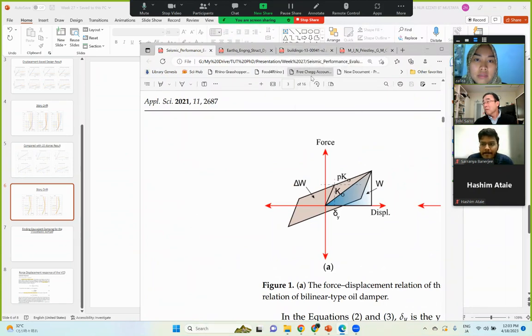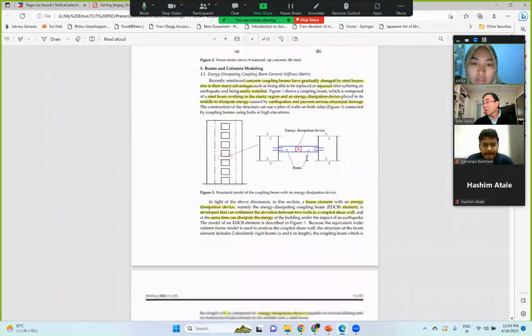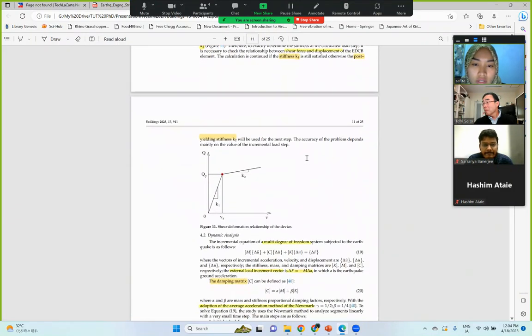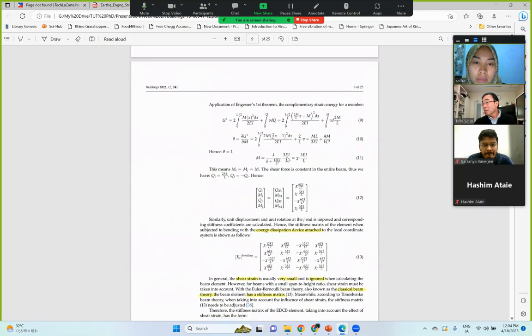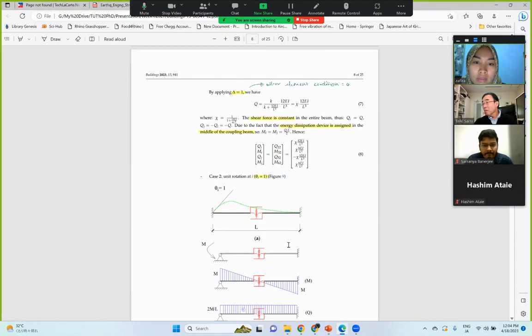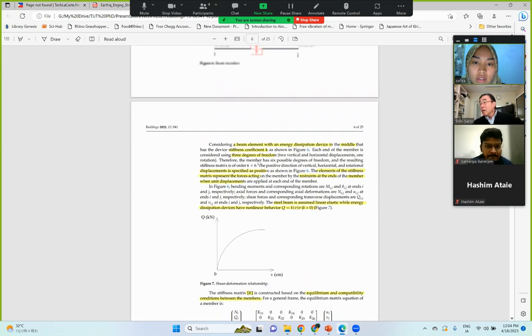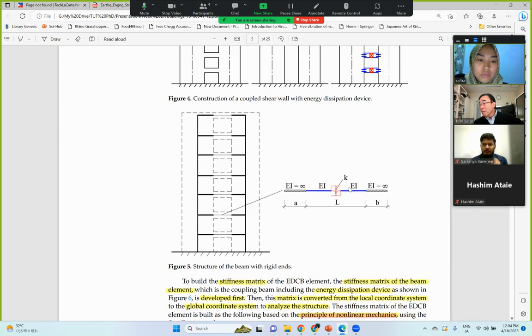And in this paper there is a similar graph, with K1 and K2, but this paper uses matrices. This is the model, basically the same as our model, and in the middle of the beam they considered this as a spring.